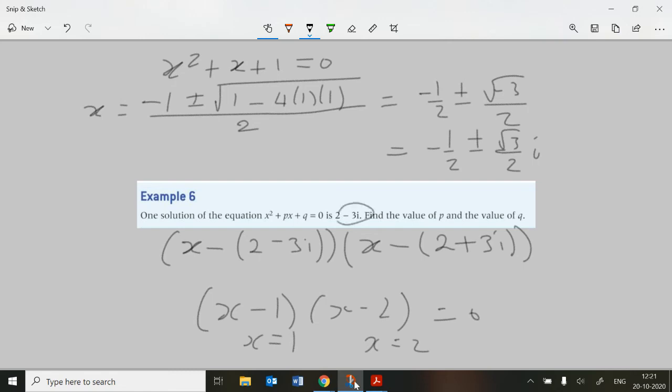So all I've done is I've put in one solution here, where there we've got 1, and I've put the other solution, which comes from considering the plus or minus on that imaginary part. Put that other solution in here, as x minus that solution there. Now, if I put in x is this in here, I'll get a 0 from this bracket. And if I put x is this into here, then I'll get a 0 out on this side as well. Okay, so that's the factorization.